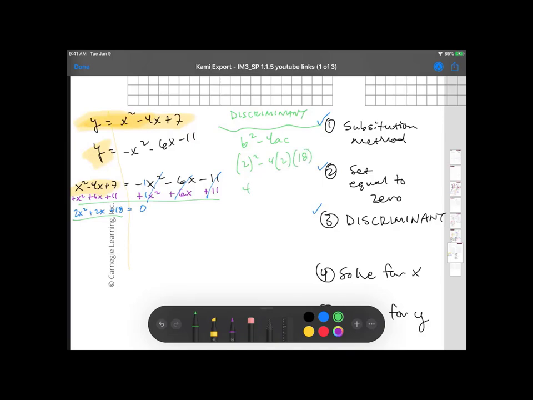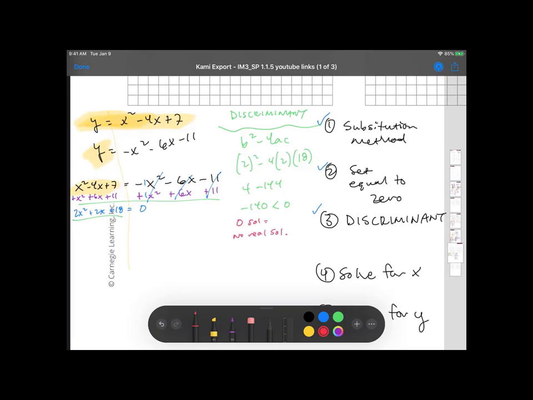So you have 4 and then negative 8, using my calculator, negative 8 times 18 gives me negative 144. And you subtract those, you'll get negative 140. So negative 140 is smaller than 0, which means there are 0 real solutions, or we say no real solutions.